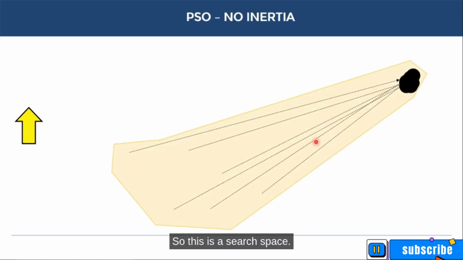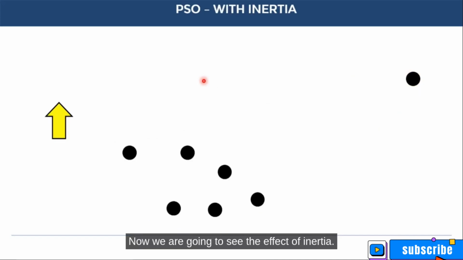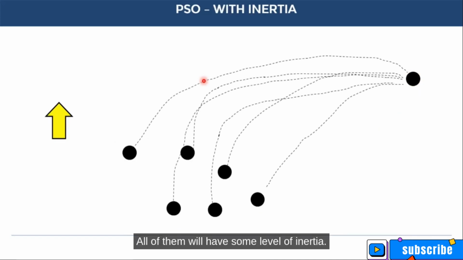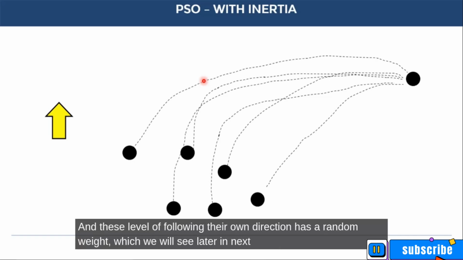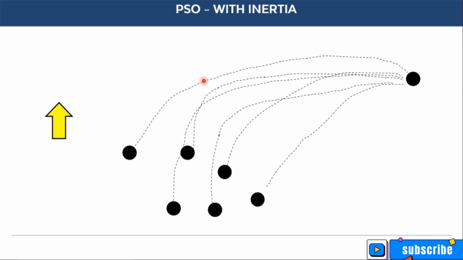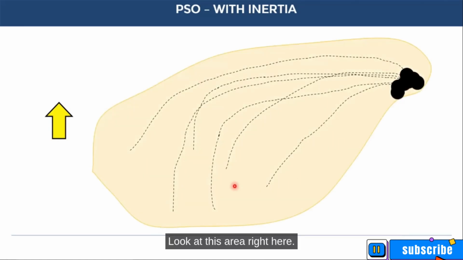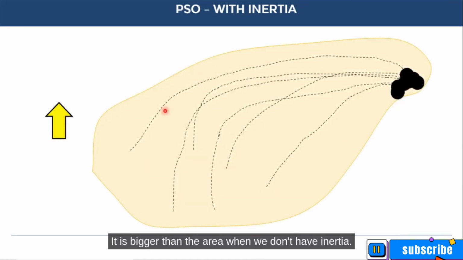So this is a search space. Now we are going to see the effect of inertia. All of them will have some level of inertia, and this level of following their own direction has a random weight, which we will see later in next classes. So here we have inertia. Look at this area right here, it is bigger than the area when we don't have inertia.